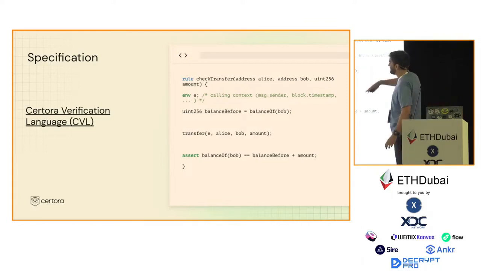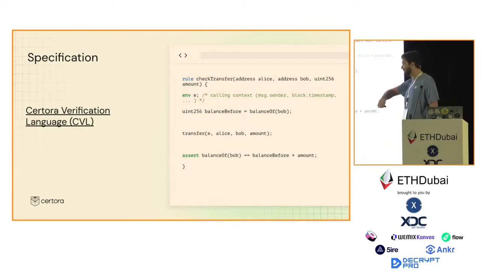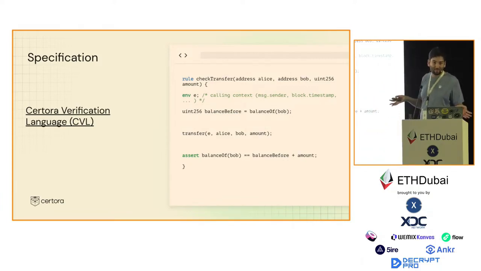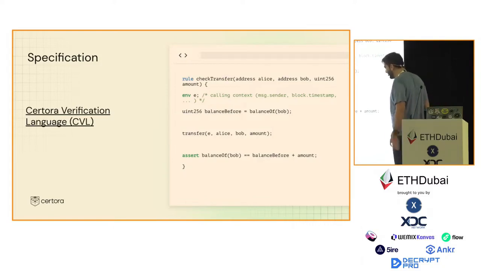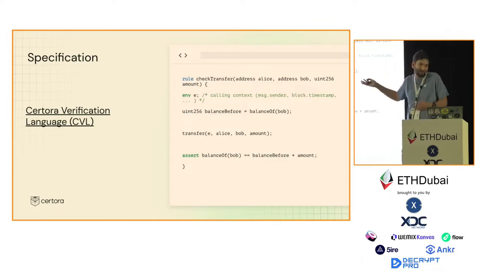So we check the balance of Bob before the transfer, we transfer some amount from Alice to Bob, and we check that the balance of Bob grew exactly by the amount that Alice has sent. What are the differences between this and the test that we saw before? Well, here we don't know what the balance of Bob was before the transfer. It's no longer necessarily 0. We also didn't set up the addresses of Alice and Bob, and more interestingly, we didn't set a specific amount. You can think of it like an X symbol in math, checking for every amount.